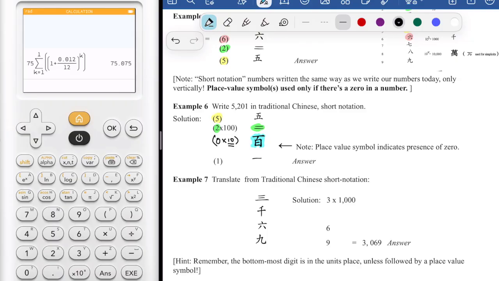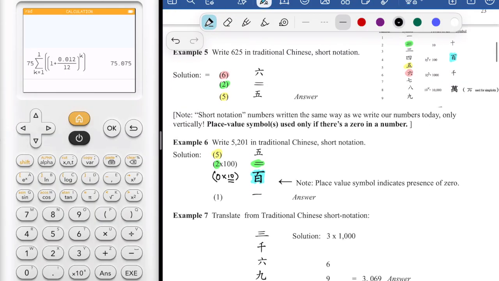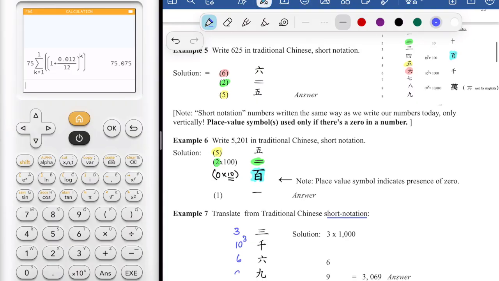Going the other way, same idea. It's just going to boil down to the ability to recognize what your powers of 10 are. So if I can see characters, and this is from short notation, it's important that it's indicated that it's the short notation. This is my symbol for 3, this is my symbol for 10 to the 3rd power, and this is my symbol for 6 and my symbol for 9.